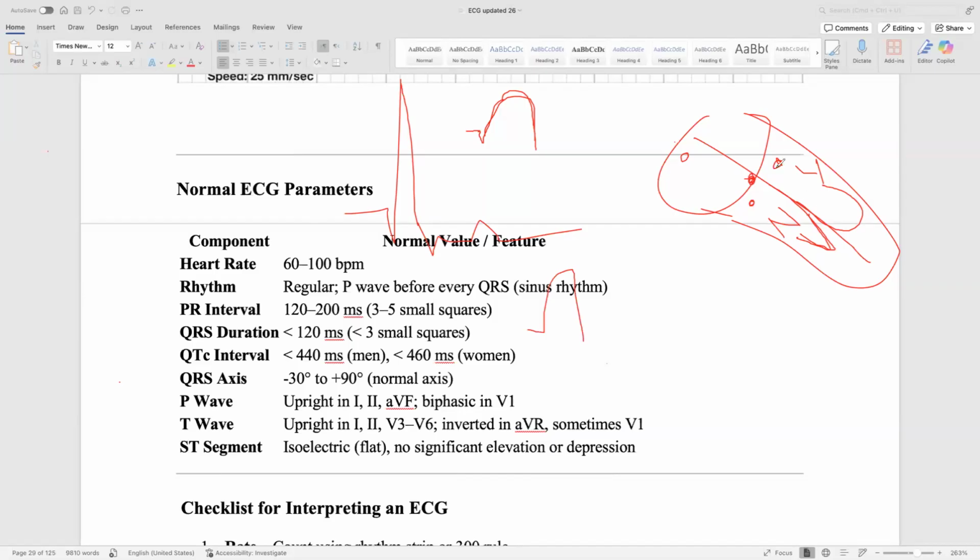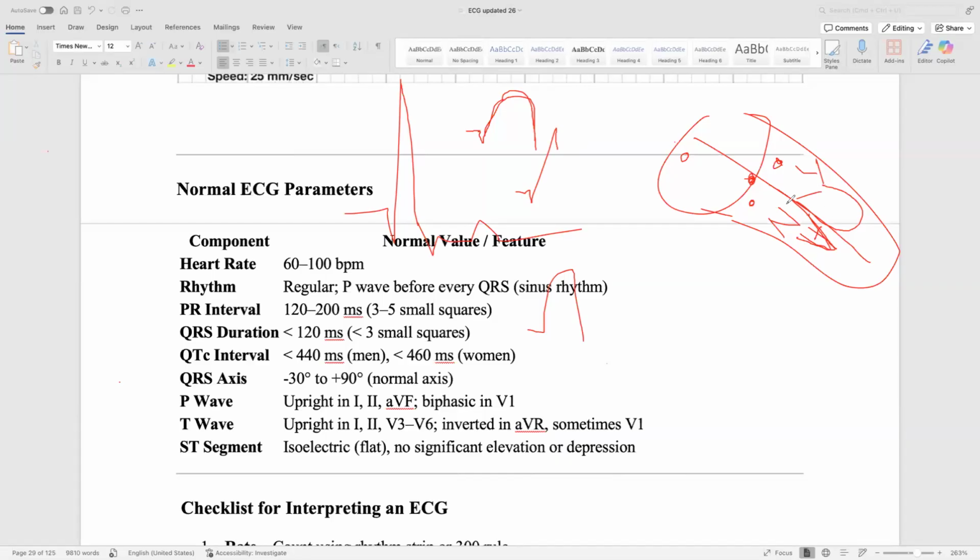This is if there is no bundle at all. If one bundle is affected, say there is ischemia in the right heart and the right bundle is affected, the electricity will go where? To the left, fast. The left starts to depolarize, and the left will realize that the right is not depolarized yet.